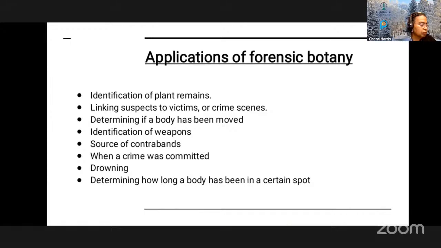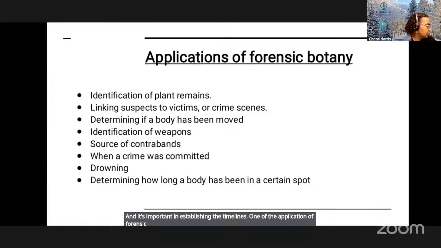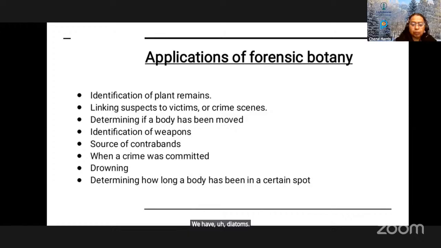Another application of forensic botany is helping in solving drowning cases. We have diatoms, which are found in water, and when one drowns, that means that they were alive before they fell into the water.